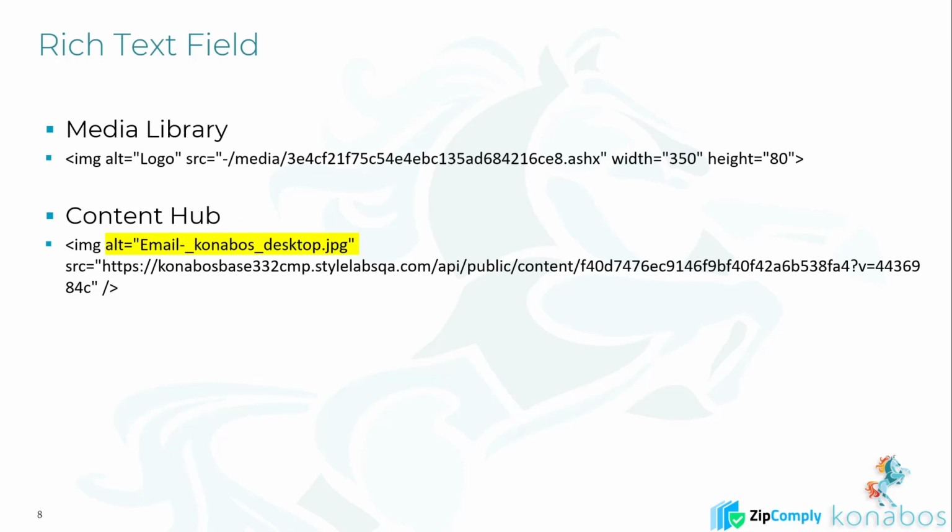But from a Content Hub perspective, when we add a link inside of a rich text, now you don't see the alt, you just see the source. And pretty much, like I mentioned, the source, which points to a public link inside of Content Hub, defines what height and width they are, and different rendering options that public link carries.